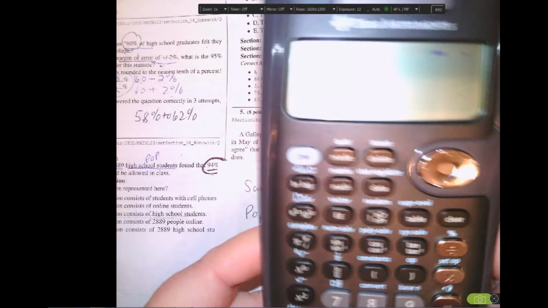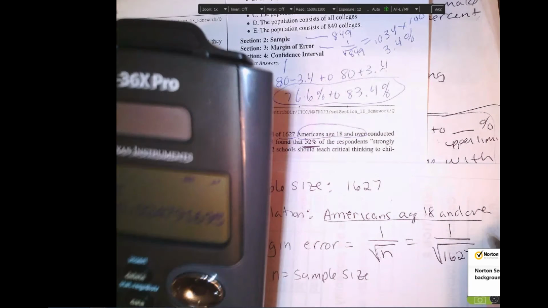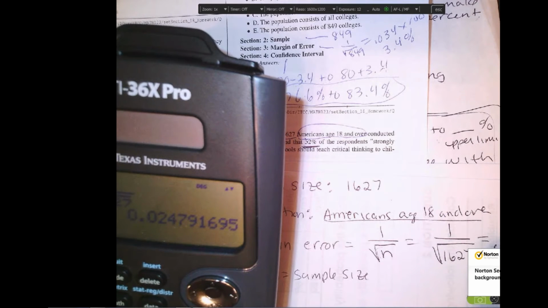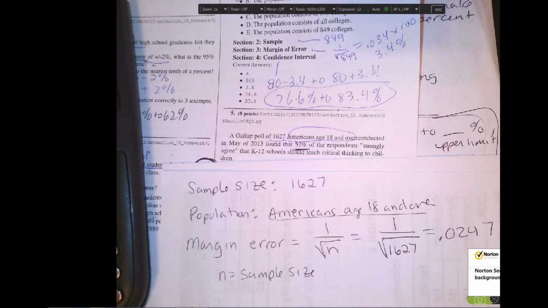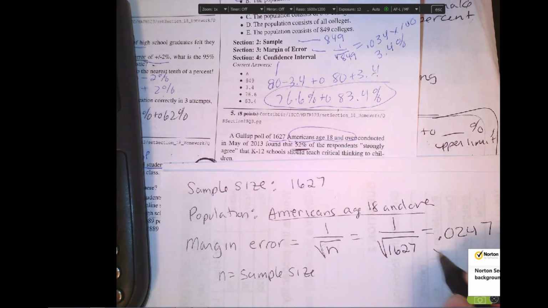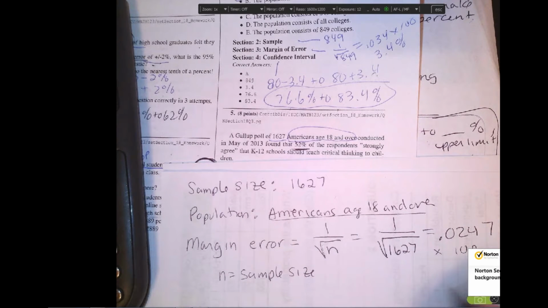And it's 1627. Hit enter. And the decimal form is 0.0247. Now, to find your interval, you're going to need to make that a percent. So you can move the decimal or multiply by 100, move it 2 places to the right.